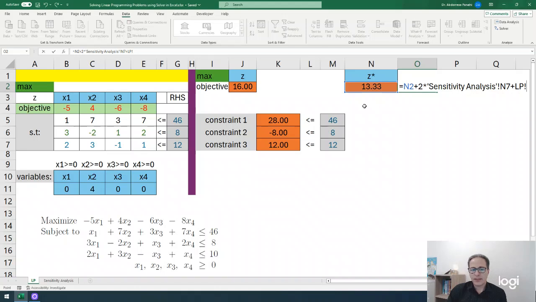And I know that the shadow price is somewhere, I put it somewhere else.